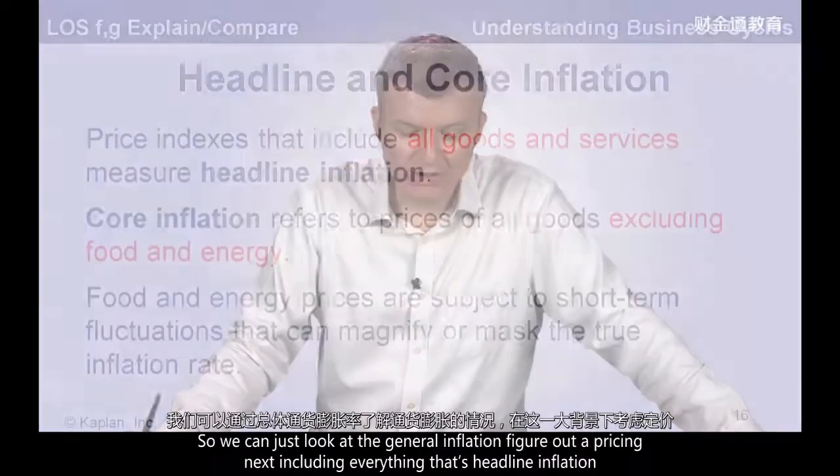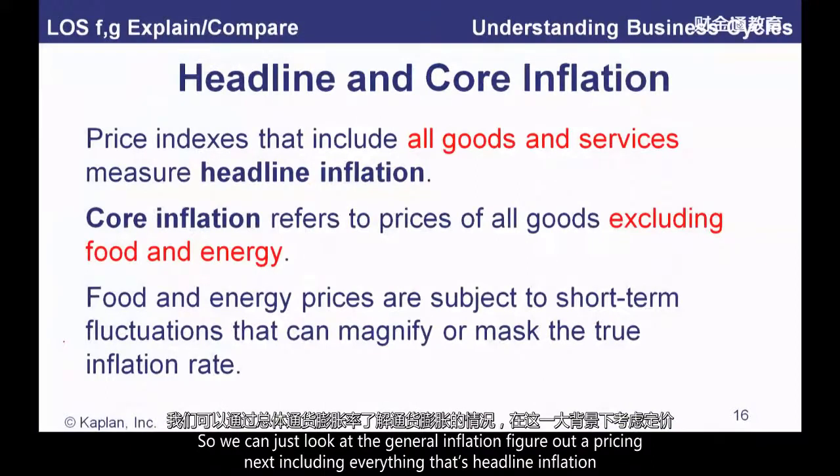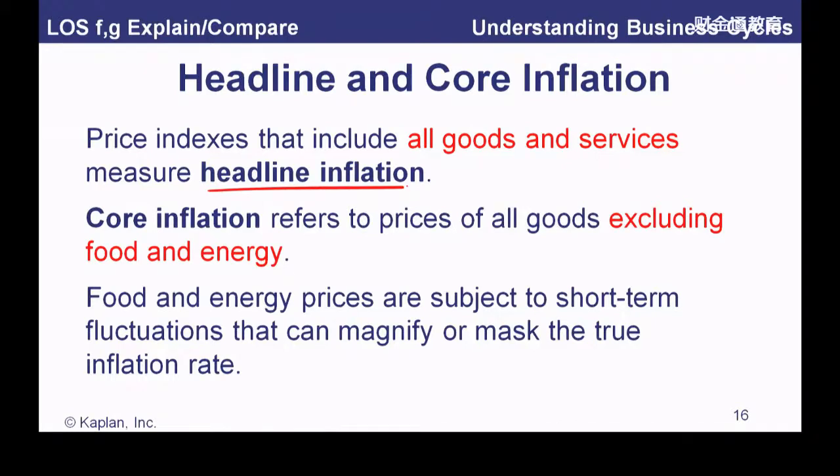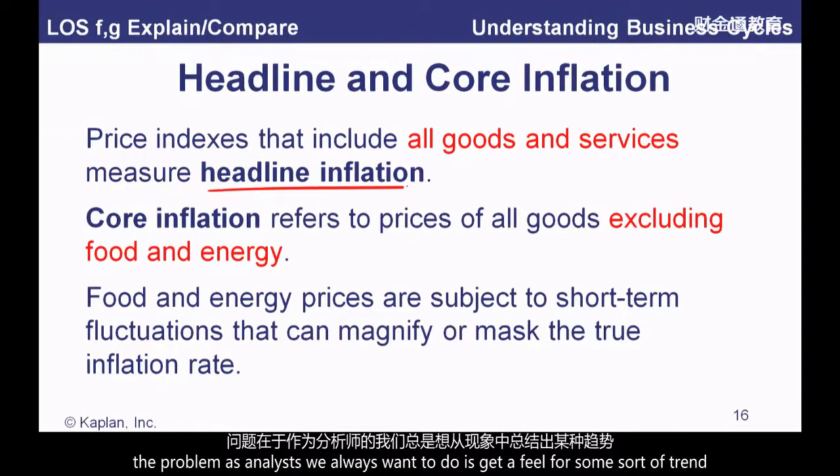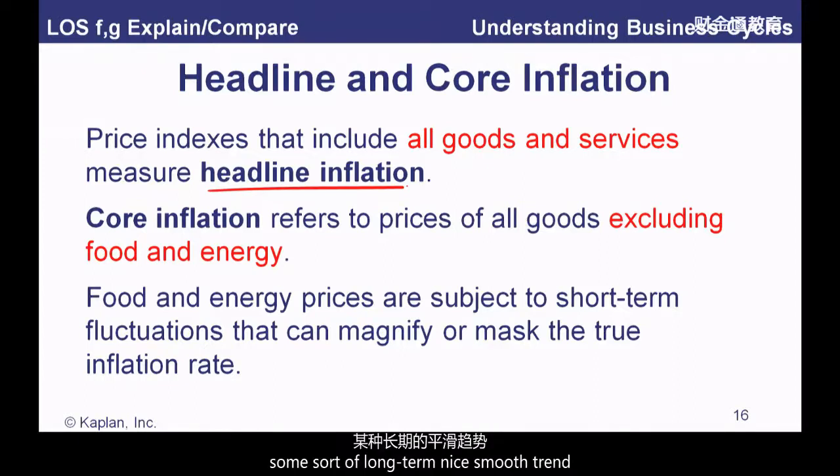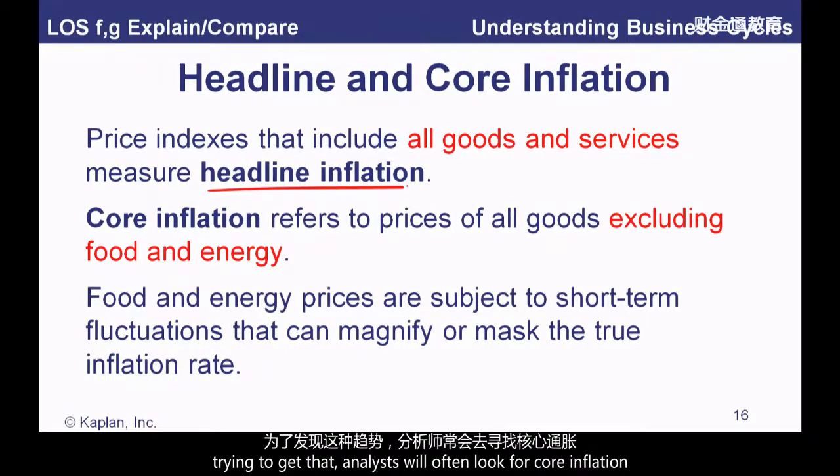First one, food and energy. So we can just look at a general inflation figure, a price index including everything. That's headline inflation. The problem, as analysts, is that what we always want to do is get a feel for some sort of trend, some sort of long-term, nice, smooth trend. And to try and get that, often an analyst will look at core inflation.